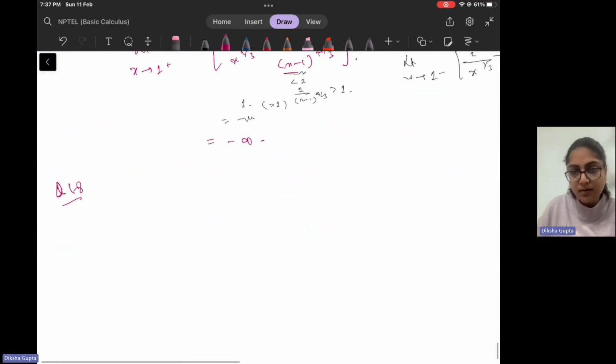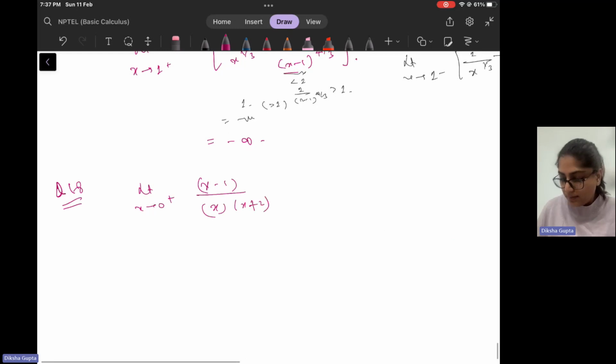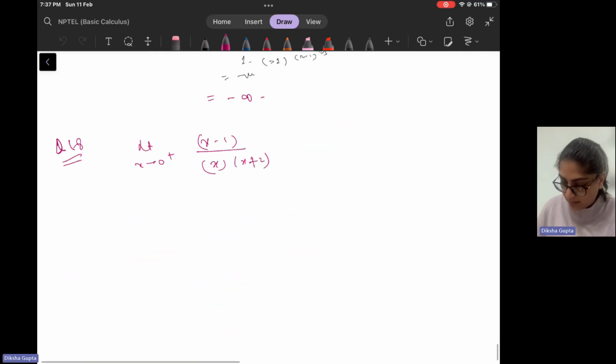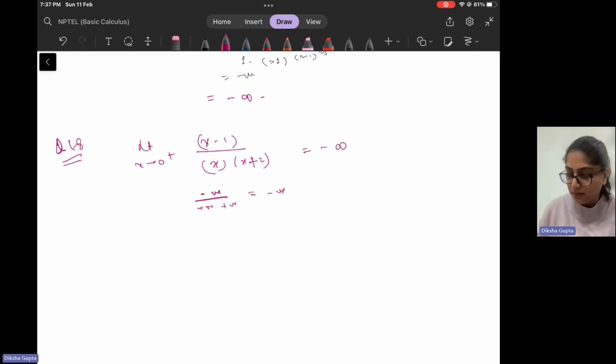Question number 18: limit x tending to 0 plus of x minus 1 upon x plus 2. So it will give you infinity again when x tends to 0. When x is greater than 0, this is something negative upon positive, so overall negative, so this will be minus infinity.